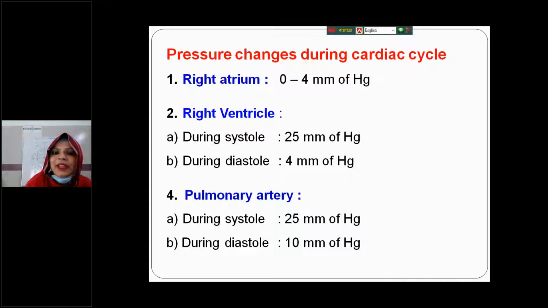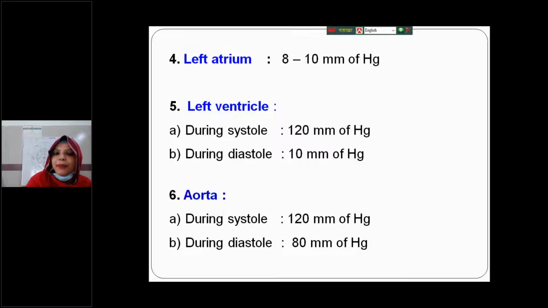But there is a difference during diastole: right ventricle 4 millimeter of mercury, but pulmonary artery 10 millimeter of mercury. Left atrium pressure ranges from 8 to 10 millimeter of mercury. Now left ventricle, as I have said, is similar to the aorta.